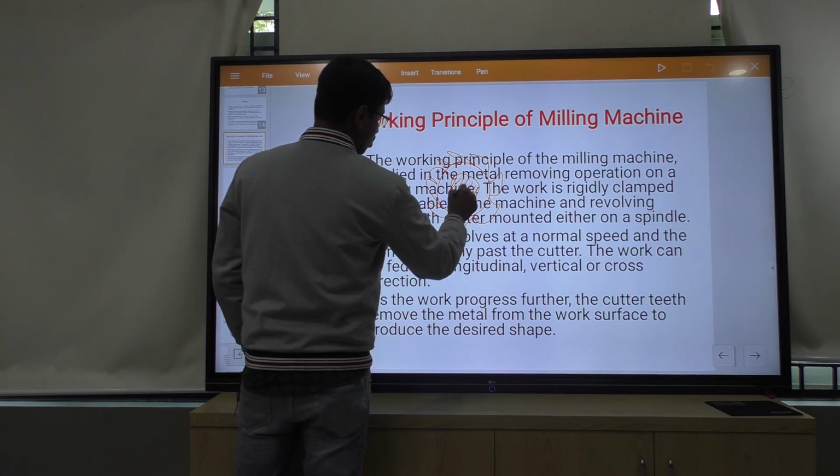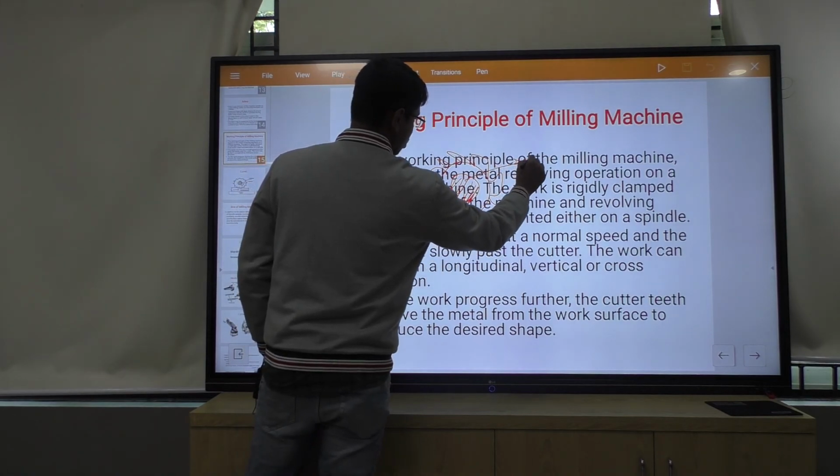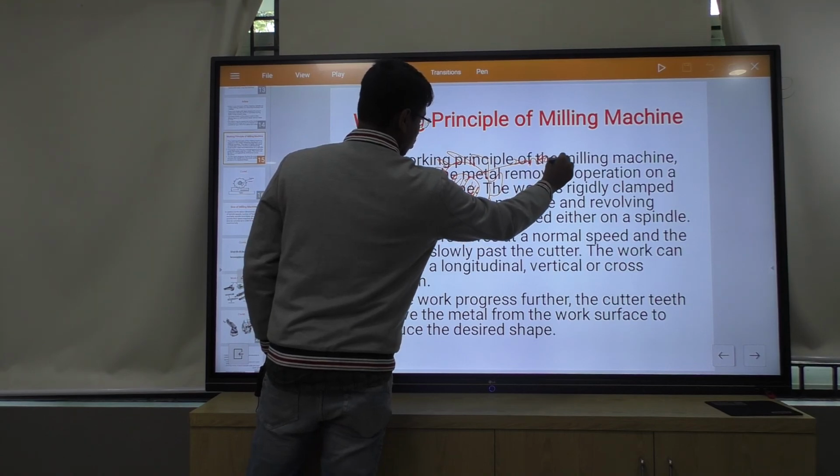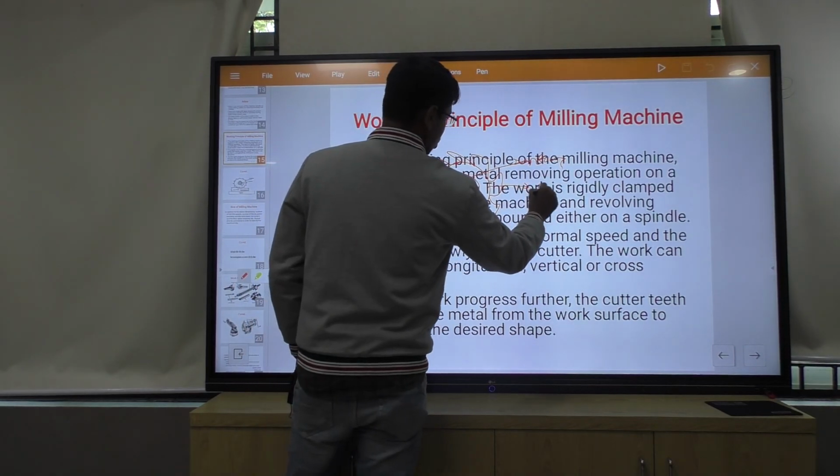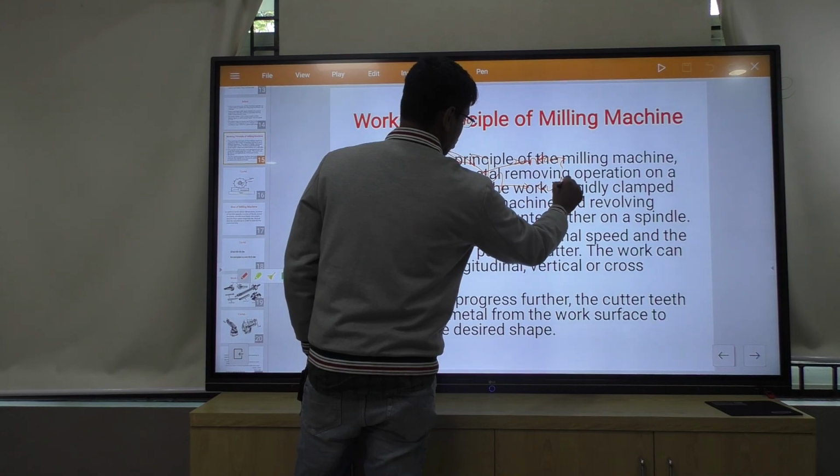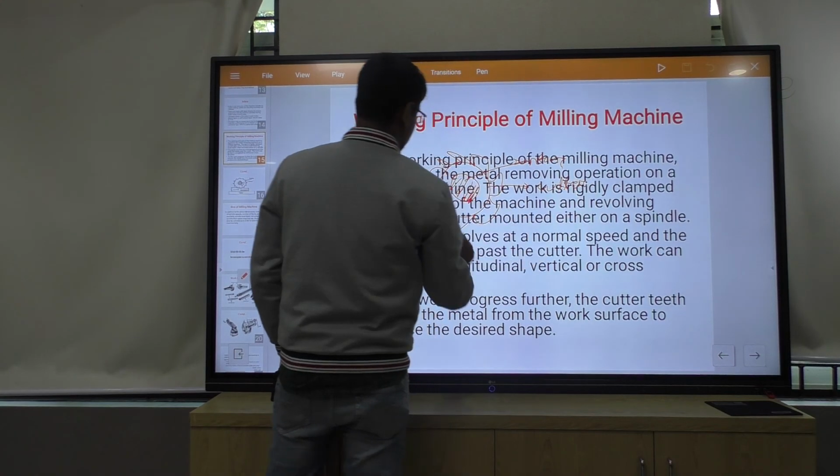This is the arbor and this is the cutter.